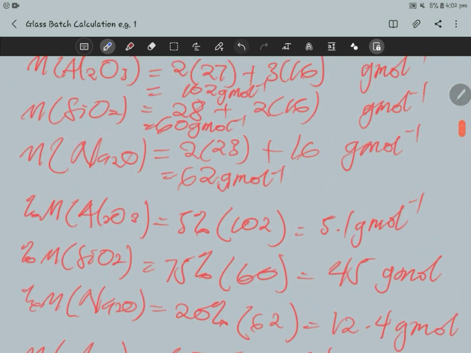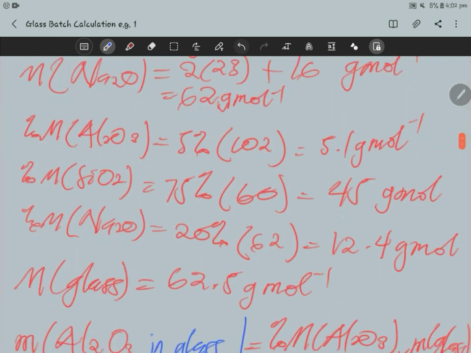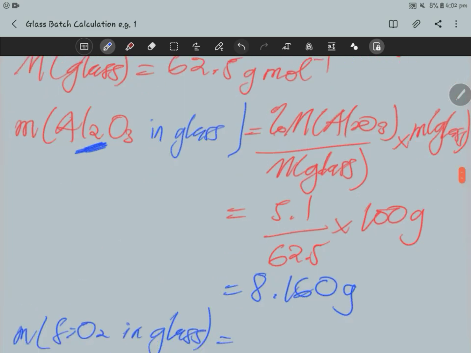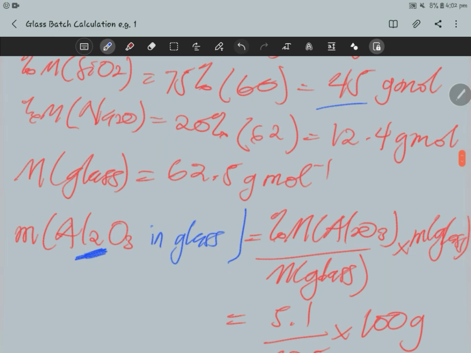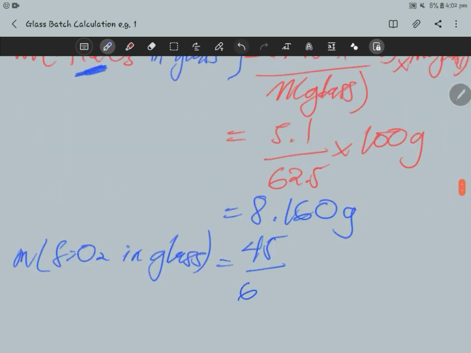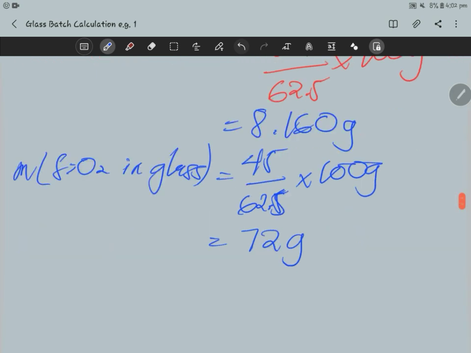We have that to be 45, so that's 45 over that of glass, 62.5, times the mass of glass. What does that give us? That gives us 72 grams of the SiO2. That will be in the glass that we make after we do the melting and everything.